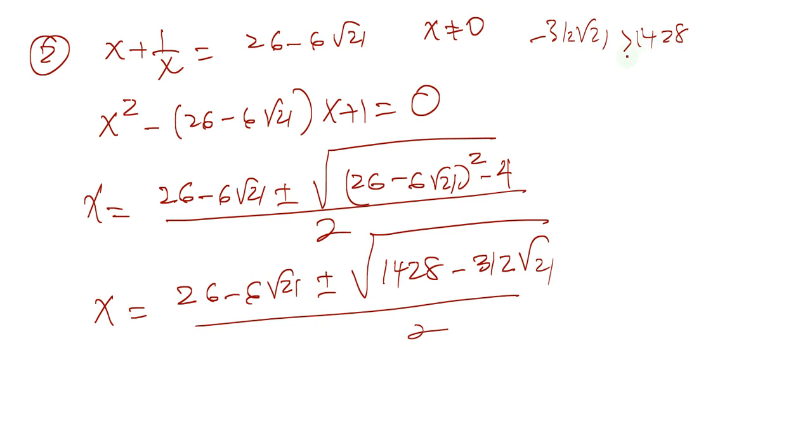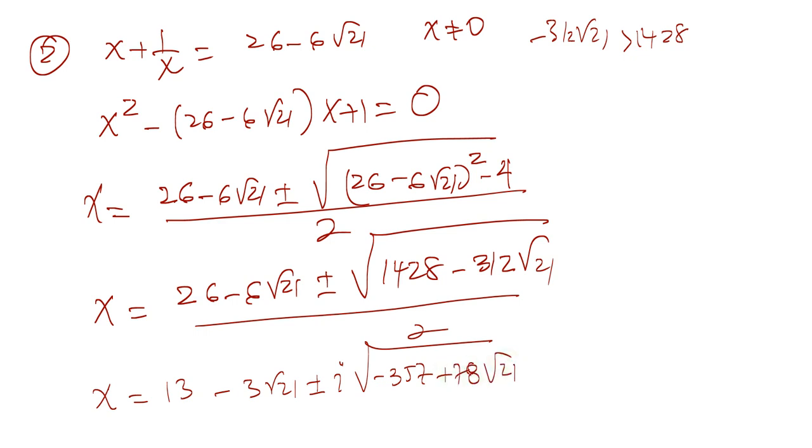So what I'm gonna do here, I'm just gonna factor out the negative 1 here, and remember that it would be 4, so this one will be just 13 minus 3 square root of 21 plus or minus i, which multiplies square root of minus 357 plus 78 square root of 21.